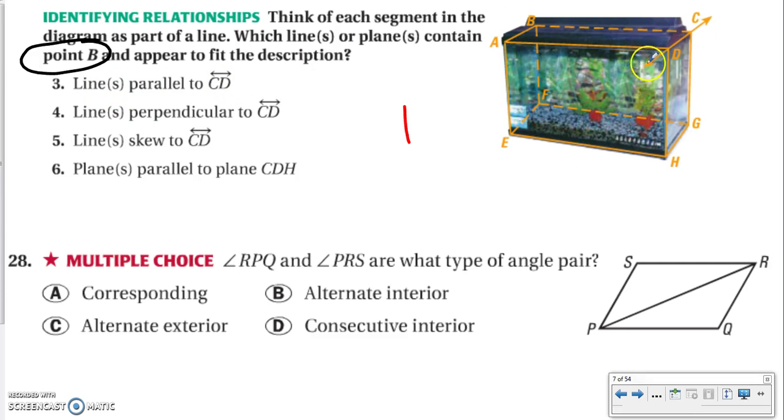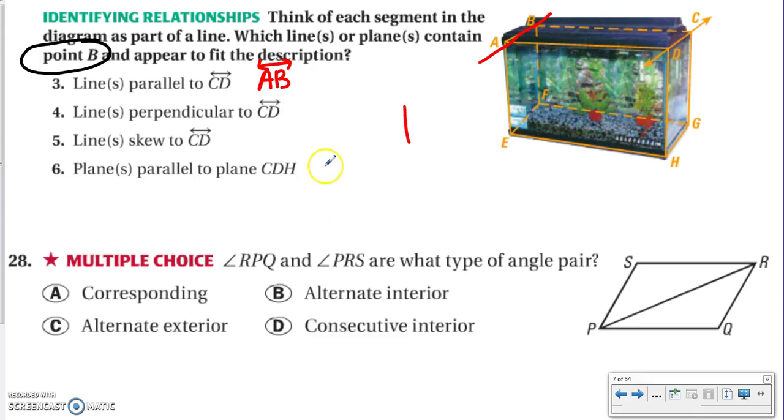So they drew that in for us. And it has to be parallel to CD, but also include that point B. So remember, parallel means they have to be on the same plane, and it goes through B, so parallel would be line AB. So that's right here. So that's going to be parallel to that because they're on the same plane and they don't intersect, and it includes point B.